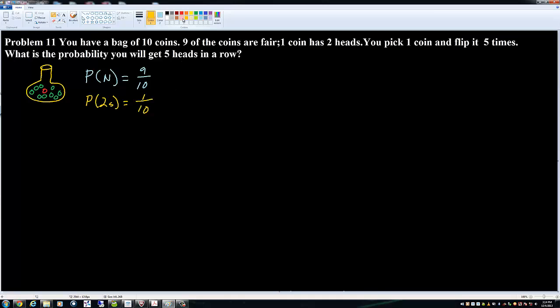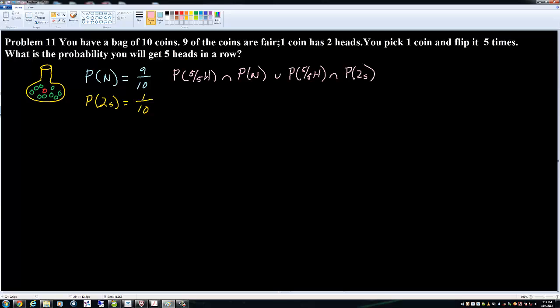So the way that is written is, what is the probability of getting 5 out of 5 heads and the probability of picking the normal coin, or what is the probability of getting 5 out of 5 heads and picking the two-sided coin.